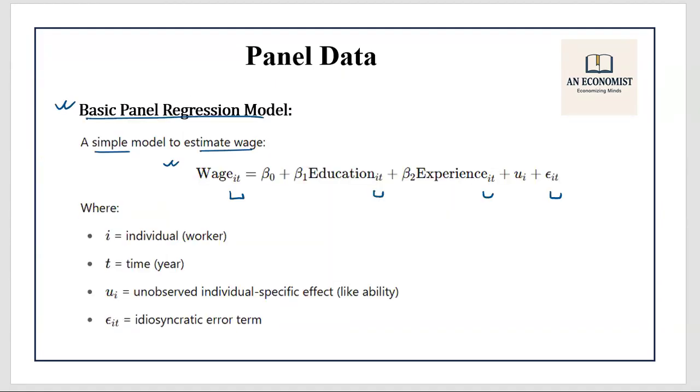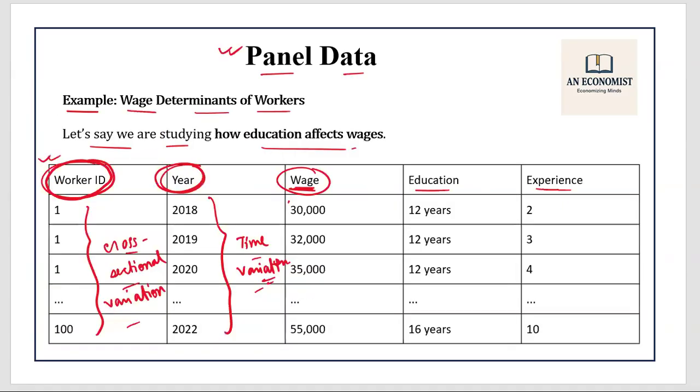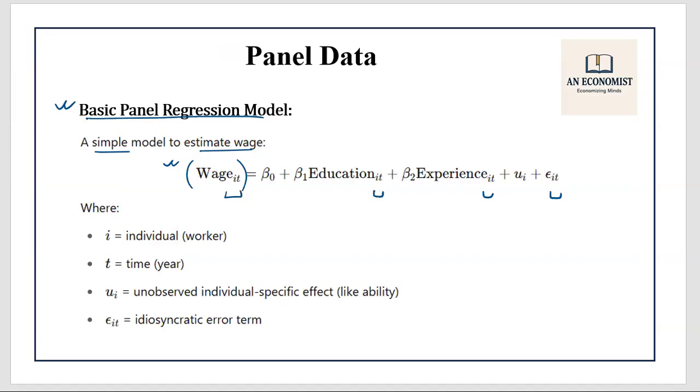As I have told you, wage is the dependent variable, which you can see here, but here you have two different suffixes, i and t. i is for the cross-sectional units, meaning the worker ID, 1, 2, 3, 4, up to 100. So here i will vary from 1 up to 100.